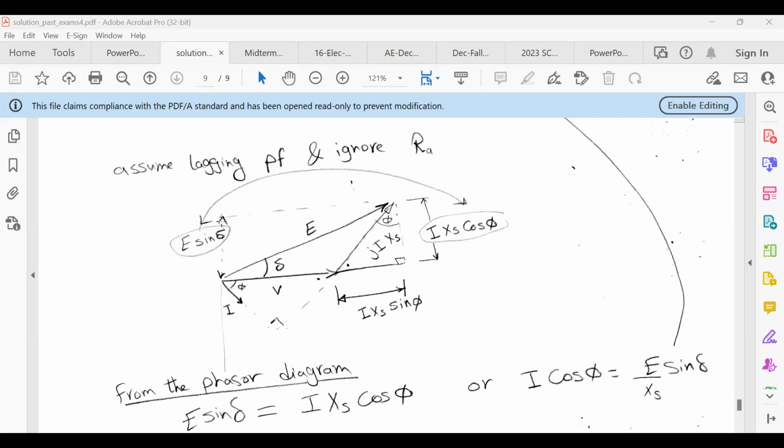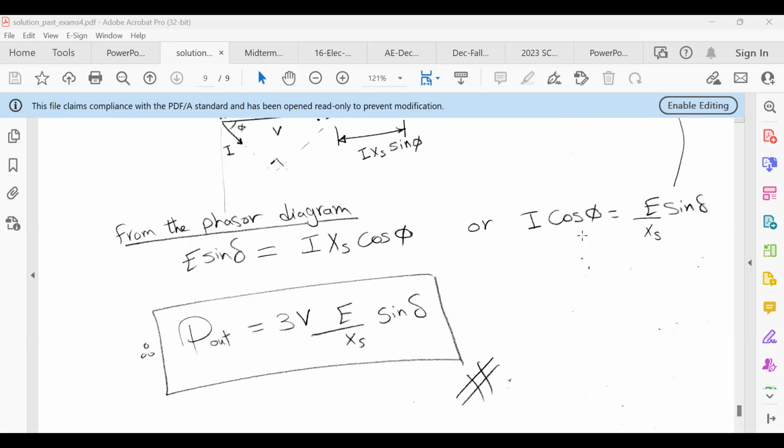Now this distance, E sine delta, equals I X_S cosine phi. At the end, we can get I cosine phi equals E sine delta over X_S. So the output power equals 3 V E sine delta over X_S.